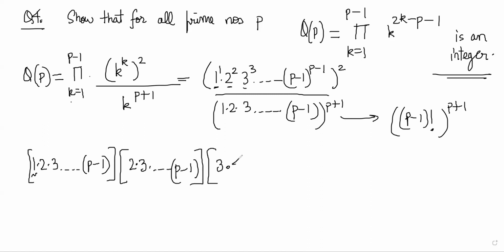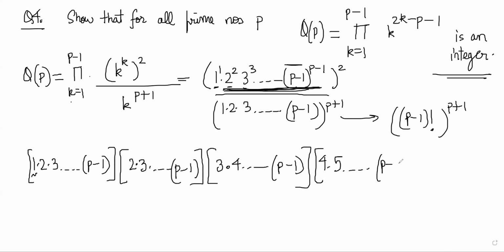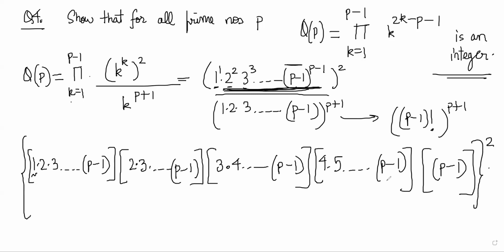Now there will be 3 into 4 into till p minus 1. Notice that p minus 1 comes p minus 1 times in this factor, right? Correct. So I am just trying to simplify what is inside and I am writing it like this. 4 into 5 into p minus 1. And finally there will be one which has only p minus 1, right? And the whole thing is squared.